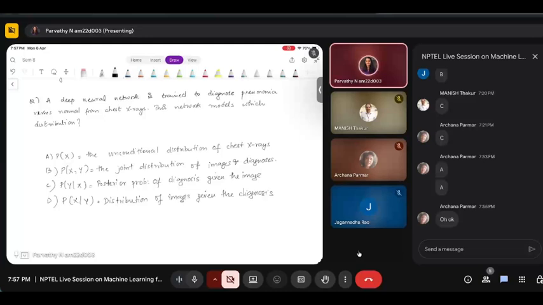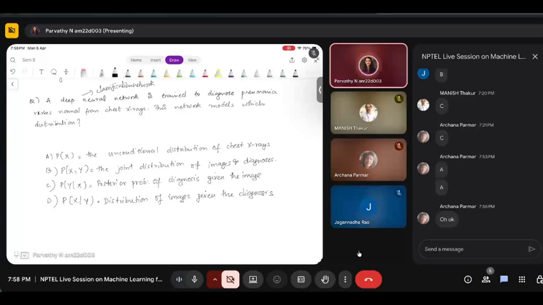So there is a deep neural network. This is a classification network, and it is trained to diagnose pneumonia versus normal chest X-ray. The input is an image, which is a chest X-ray image, and the label is either the X-ray shows pneumonia or the X-ray is normal.